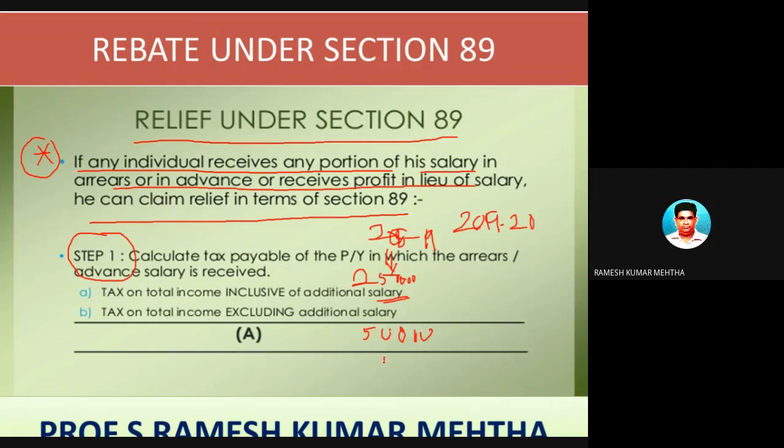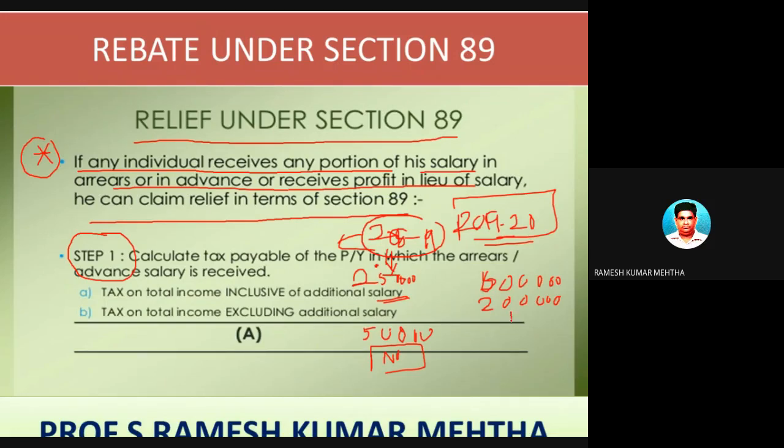After slabs, there is no tax, because 0 to 2.5 lakhs, if you calculate, there is no tax liability. Now, in the year 2019-20, his salary income was 6 lakh rupees. And on top of it, during 2019-20, he received some 2 lakh rupees as arrear salary, which were arrears of 2018-19 and previous years.